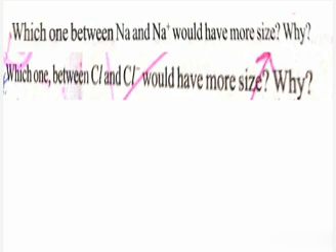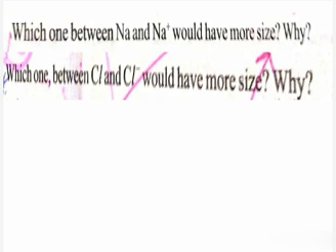But in chlorine, 17 protons and 17 electrons are there, so the nucleus power will be more. In Cl minus, 17 protons and 18 electrons are there, so the nucleus power is less when we compare it with the chlorine atom. That's why Cl minus has more size when we compare it with the chlorine atom.